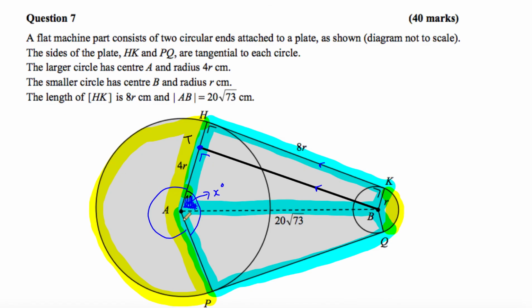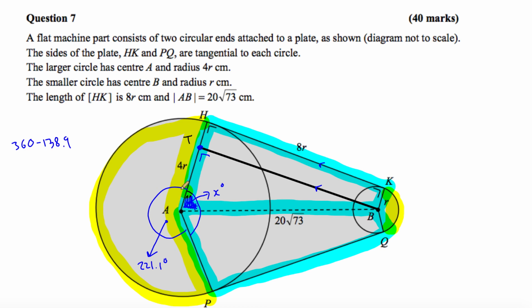So if I subtract 138.9 from 360, that leaves me with this angle here, which is 221.1 degrees.